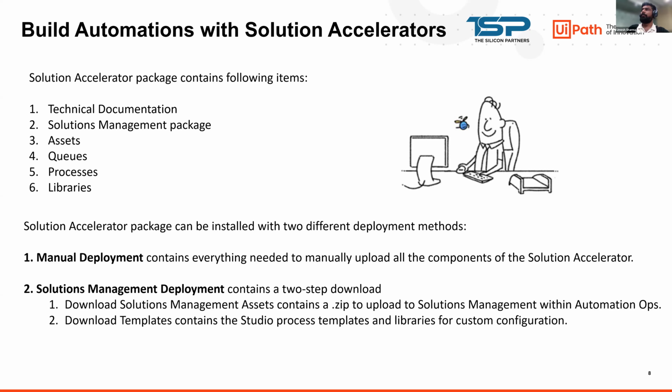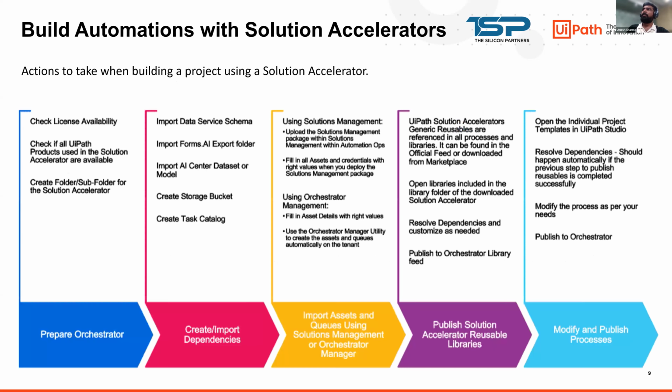Right. All right. Talking about the next slide. So in order to deploy the solutions accelerator to the orchestrator, there are different steps that we need to take, and we need to make sure that we are following all the steps correctly. These are the very detailed steps that are shown here.